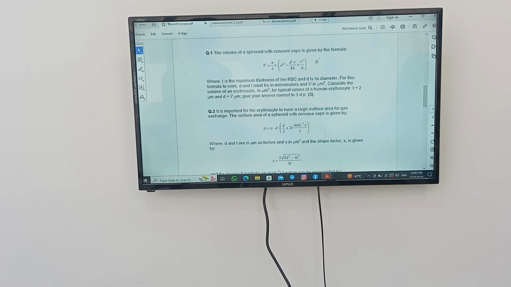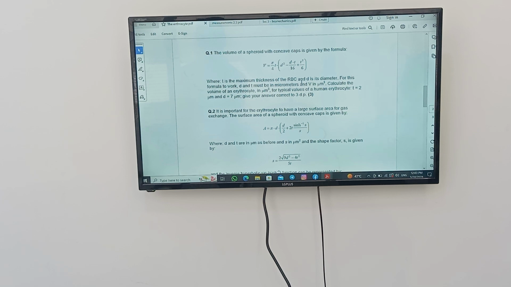Now we're going to learn what each of these symbols means. T is the maximum thickness of the RBC. Okay, so if the problem gives you the maximum thickness, you substitute it in place of T. And D is the diameter. For this formula to work, D, the diameter, and T, the thickness, must be in micrometers.